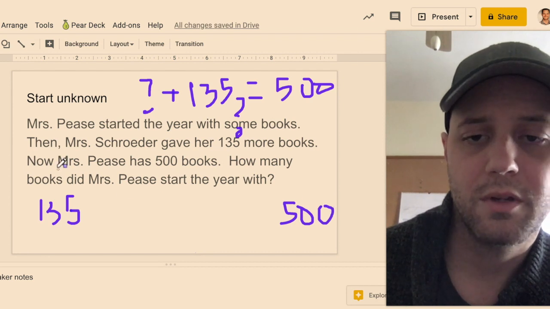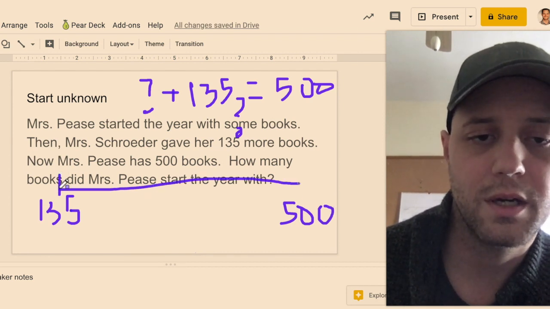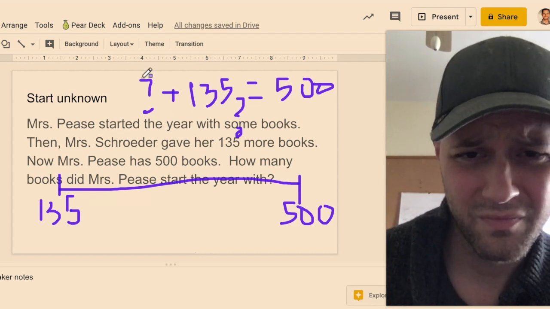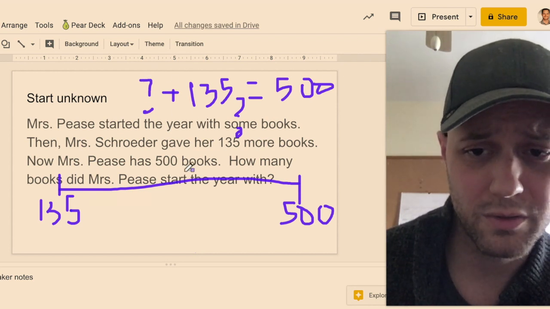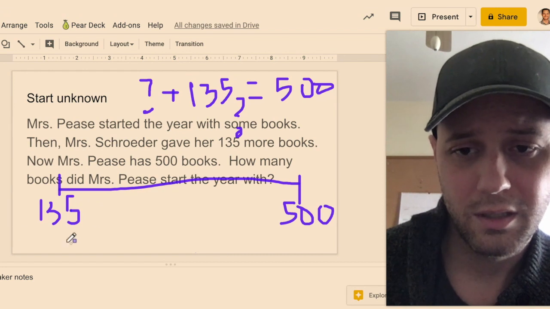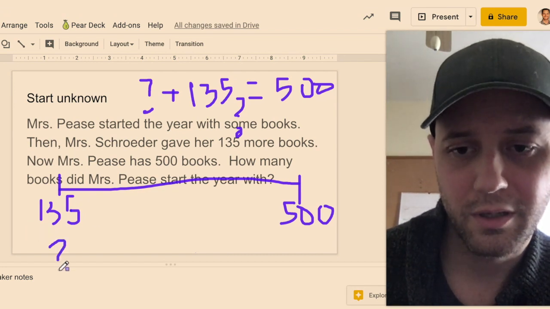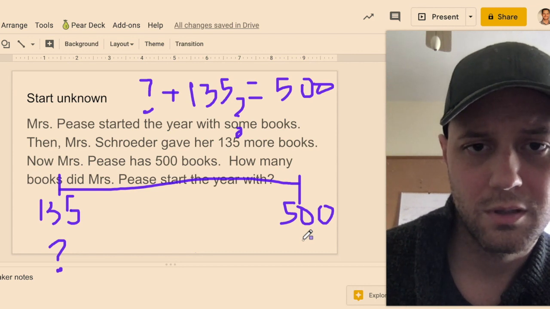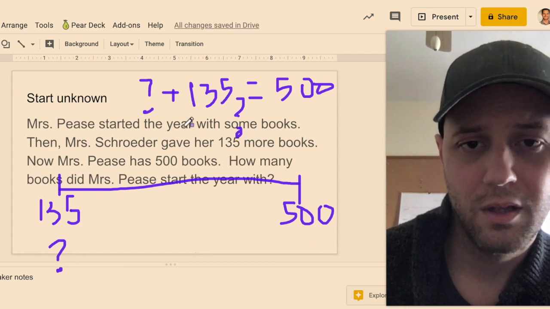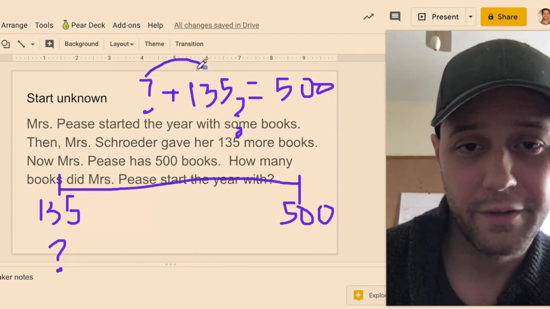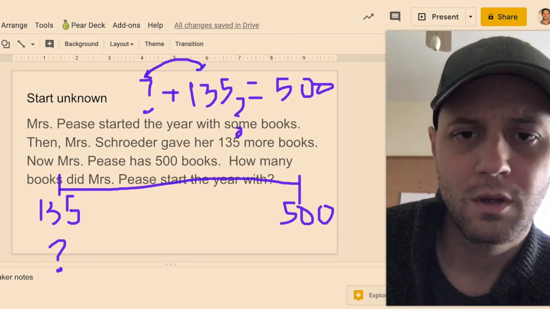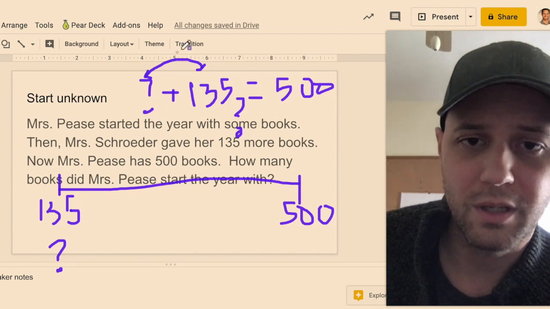So 135, what can we add to 135 to get to 500? It would be a little different if you wanted to start with the question mark and then add to get to 500. I'm just using what some people call the turnaround rule. It's actually called the commutative property, where you can move these around.